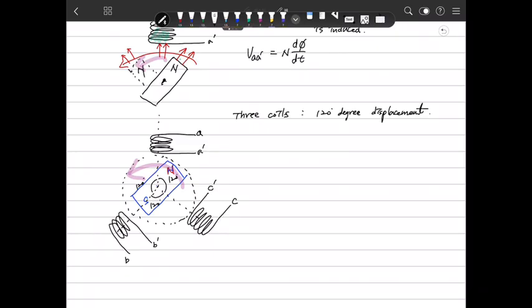Then if VA prime is Vm cosine omega t, then this omega is the rotating speed, the angular speed of the magnet.